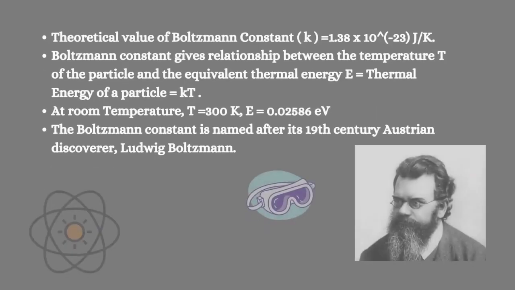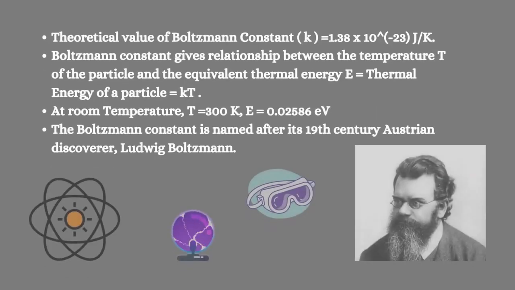The theoretical value of Boltzmann constant k is equal to 1.38 × 10^-23 joule per Kelvin. Boltzmann constant gives the relationship between the temperature T of a particle and the equivalent thermal energy E. The thermal energy of the particle is E = kT.